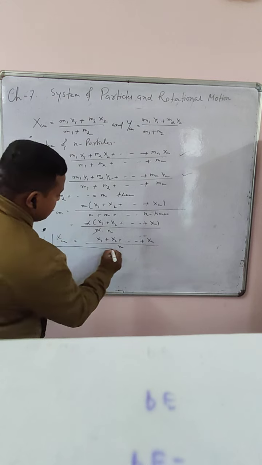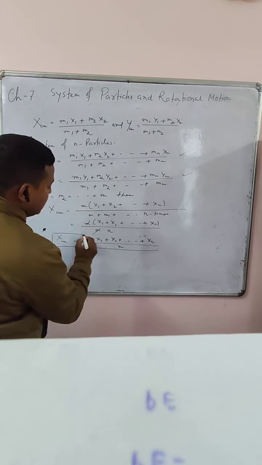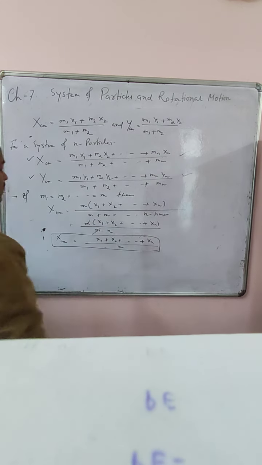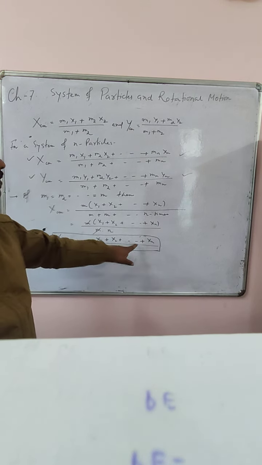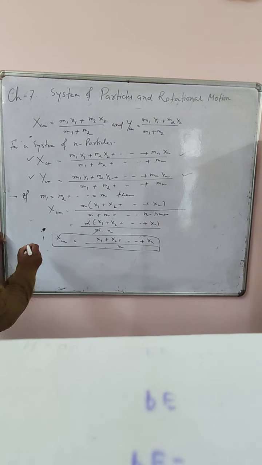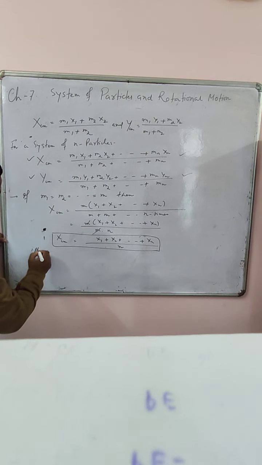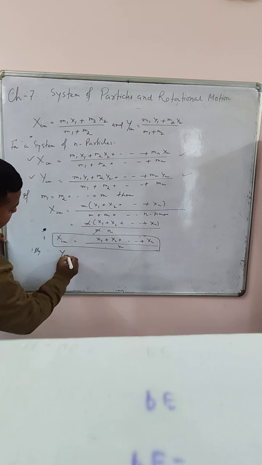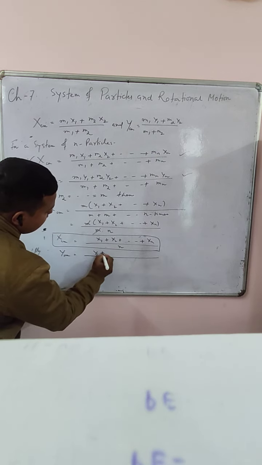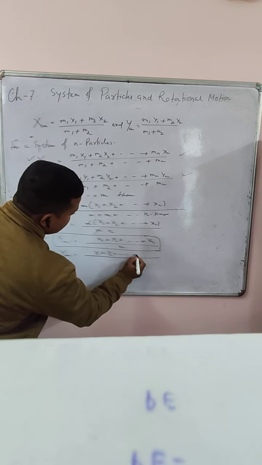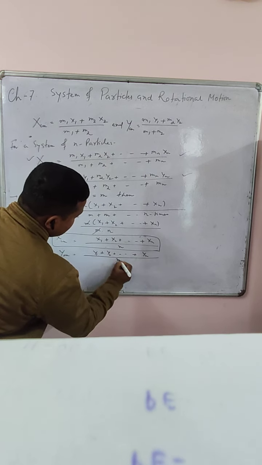If masses are equal, in that case the position coordinate of center of mass is simply x1 plus x2 up to xn by n. Similarly, you can find ycm. It will be y1 plus y2 up to yn divided by n.